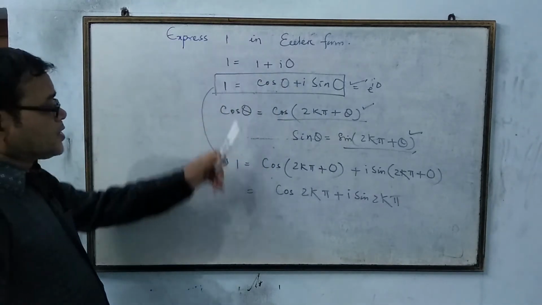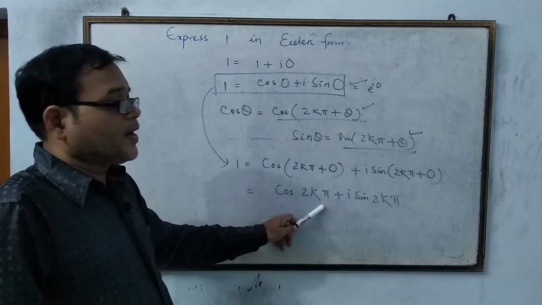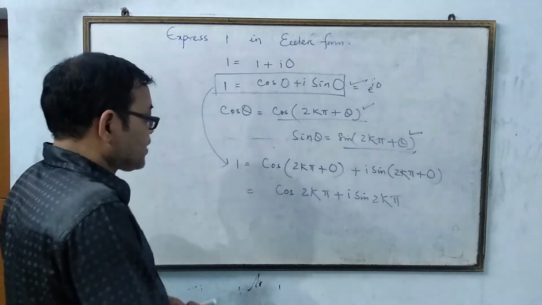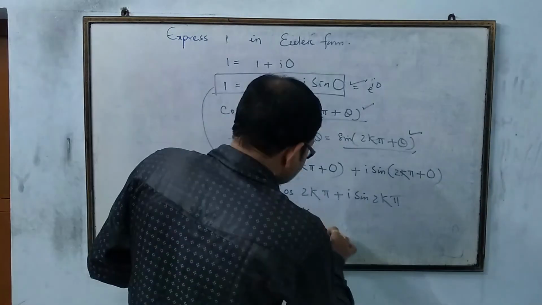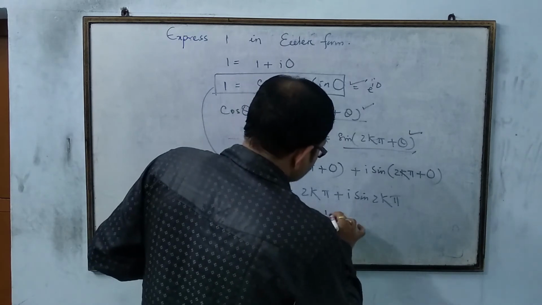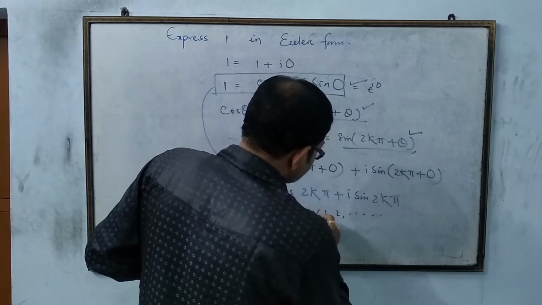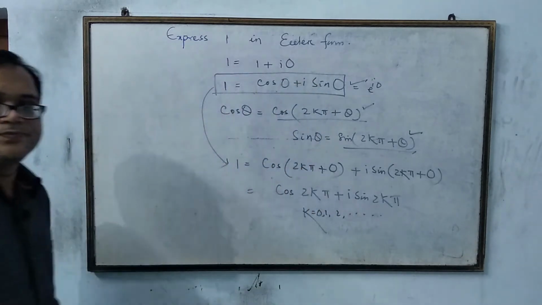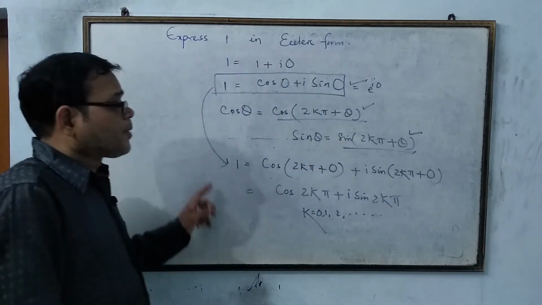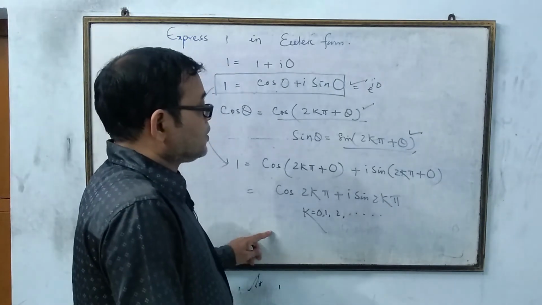Here k starts from 0, so k is 0, 1, 2, and so on. I think it is clear to everybody. Pause the video to note it down.